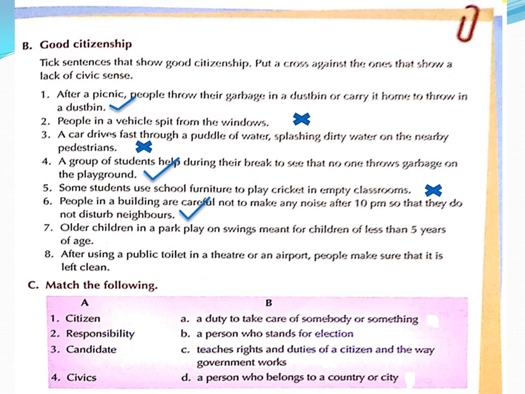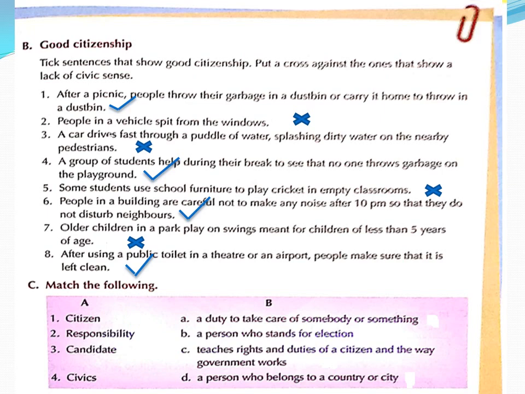Number 7, older children in a park play on swings meant for children of less than 5 years of age. Very bad, lack of civic sense. Put a cross. Number 8, after using a public toilet in a theatre or an airport, people make sure that it is left clean. This is called true citizenship. Right? So put a tick.